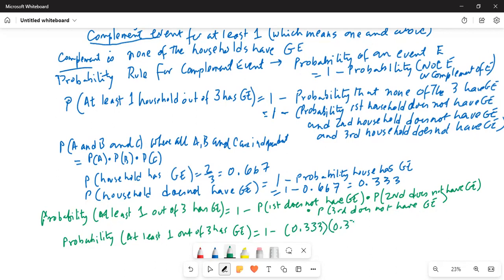The individual probabilities get multiplied because the individual probabilities of not having a GE appliance get multiplied.